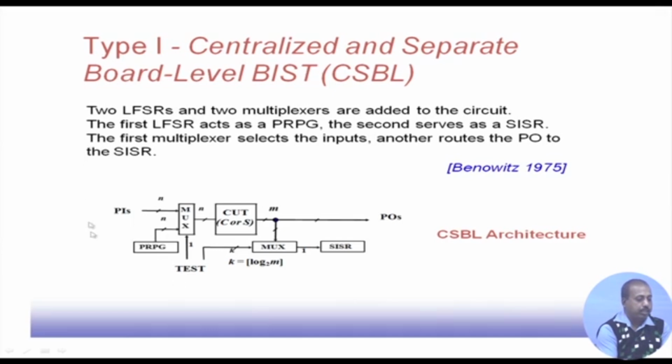So, there is a pseudo random pattern generator and one SISR. In the test mode, this multiplexer will select the primary input, the pseudo random patterns that are generated to be applied to the circuit.